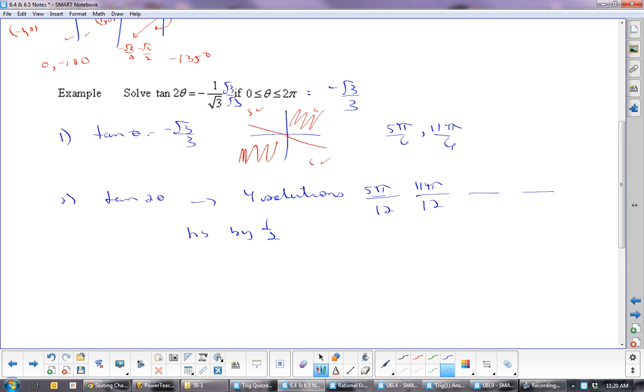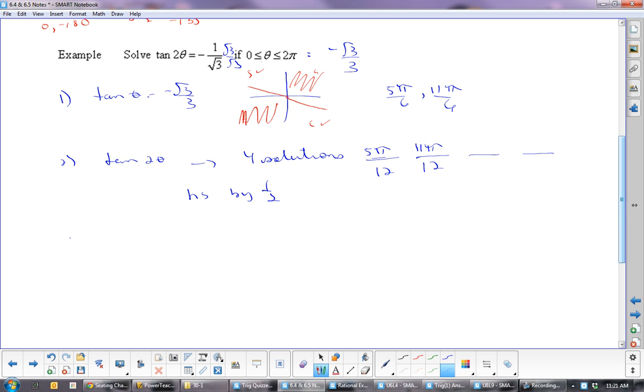Now, to find the other two, we have to add the new period. Now, I can still go 2 pi over b, which is 2 pi over 2, which equals pi.